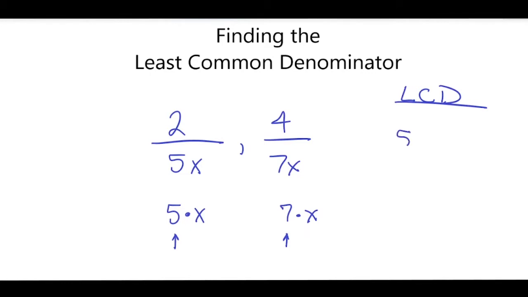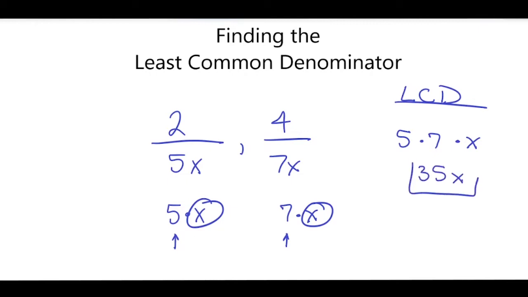So I have a 5 times a 7. And notice that I have an x and an x. So they're both a power of 1. So I'm going to multiply that also by x, because the greatest power of x here is 1. So 5 times 7 is 35 times x is 35x.